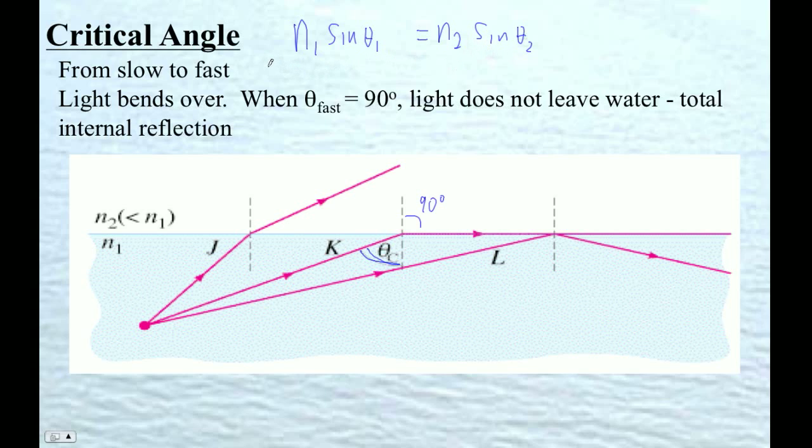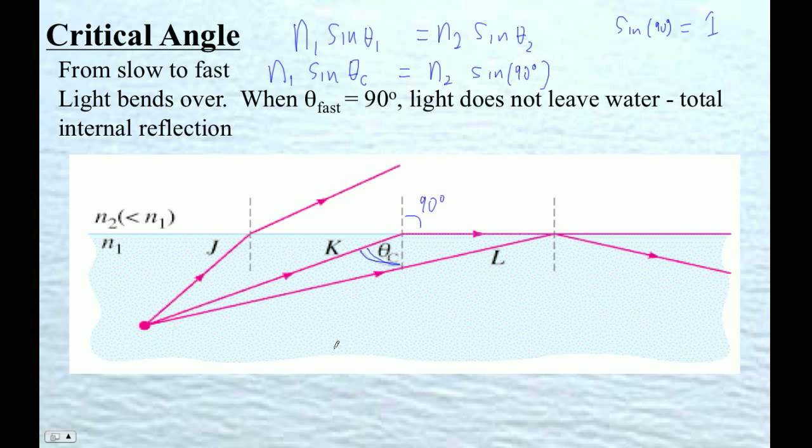So N1 sine theta critical, the critical angle, equals N2 sine of 90. The sine of 90, if we're in degrees, is 1. So you don't need a new formula. There it is.